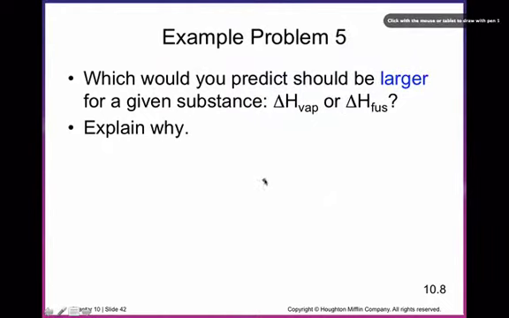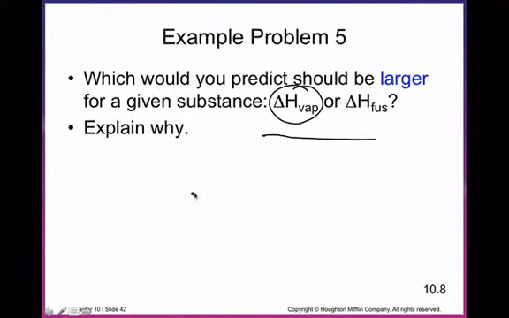So which would you predict should be larger for a given substance? The heat of vaporization or the heat of fusion. If you look back in your packet at that picture that we were just looking at, what you're going to see for most substances is that the heat of vaporization is a much longer line as compared to the heat of fusion. And the reason that it's a longer line is because it takes more energy.